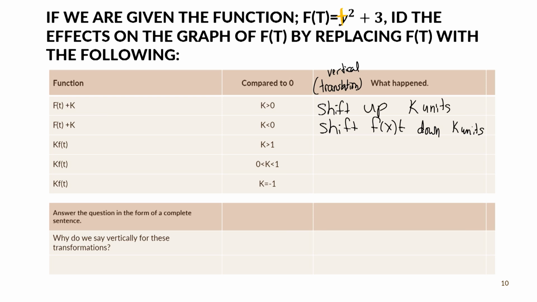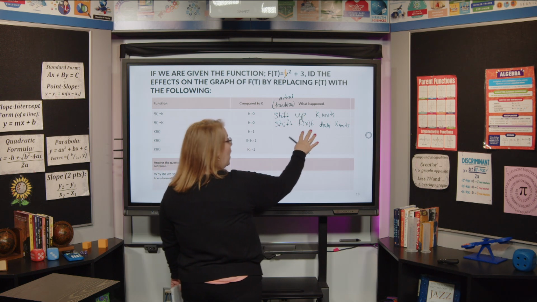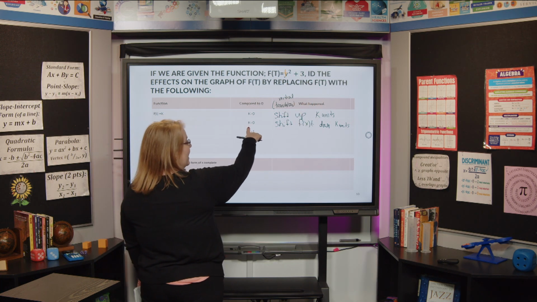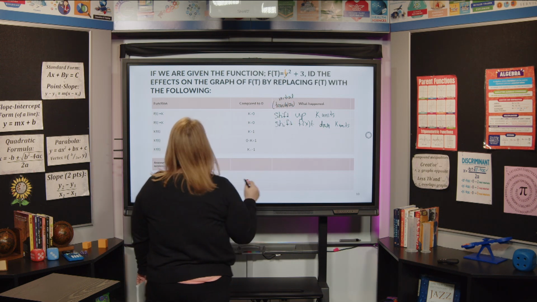That was a good catch, guys. I'm glad y'all did that. So when I'm adding, when k is larger than 0, I'm doing a vertical translation or a shift up k units. When I am adding a negative, I'm doing a shift or a vertical translation down k units.